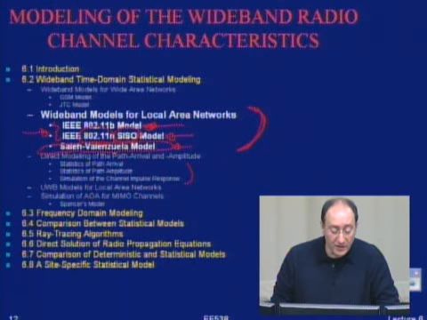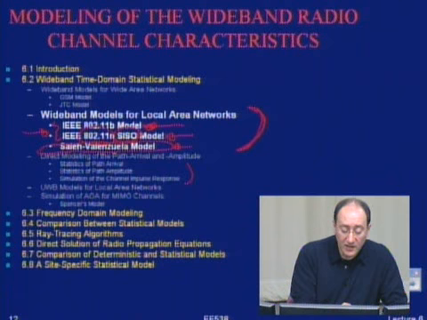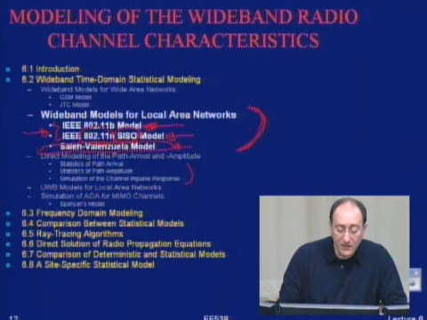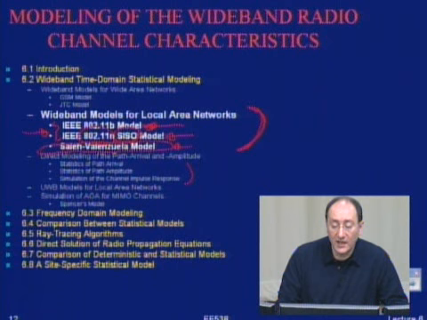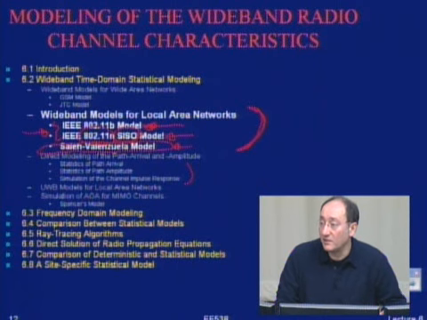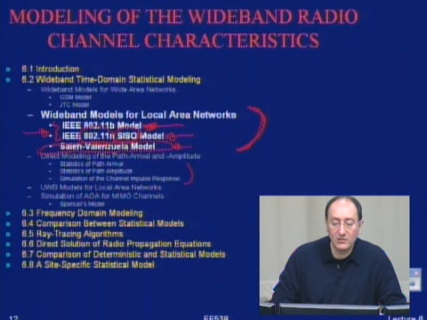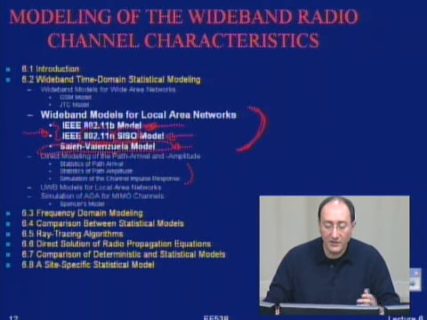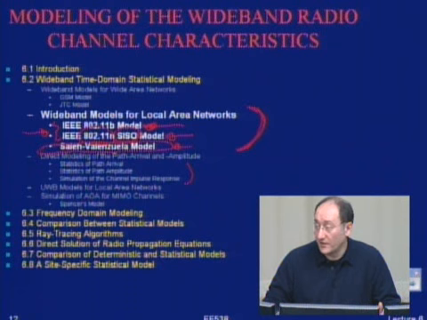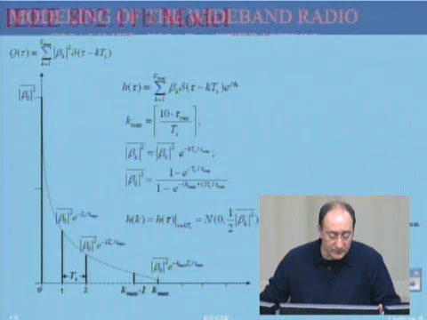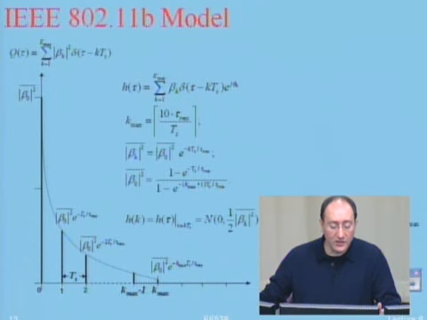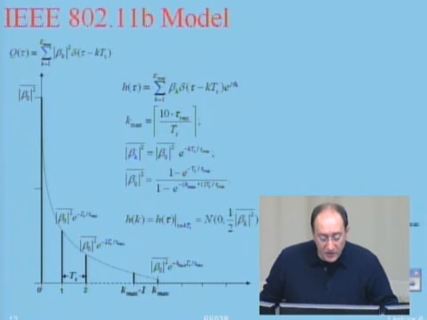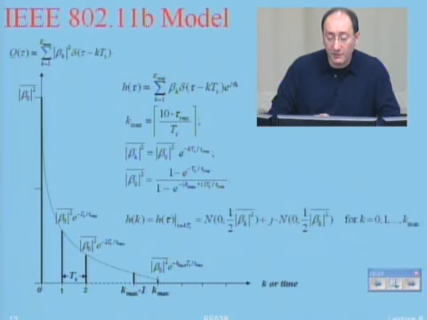But the model for 802.11b and the SISO model for 802.11n are very similar to the GSM and also the JTC model. There's not much of a difference, but since the area here is only indoor, they have a different approach in partitioning. So we are coming to the 802.11b model. Basically what they have is this delay power spectrum.